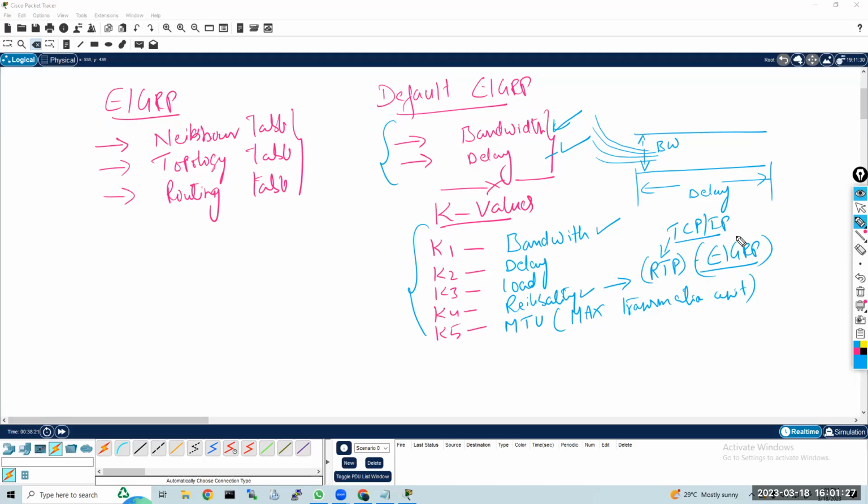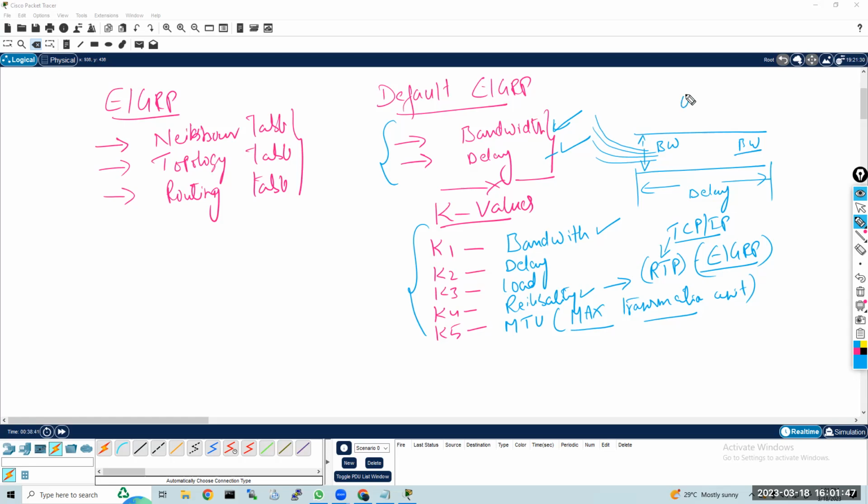That's the reason EIGRP is very reliable, and even a very fast protocol compared to OSPF. Remember that. And maximum transmission unit will depend upon your bandwidth.